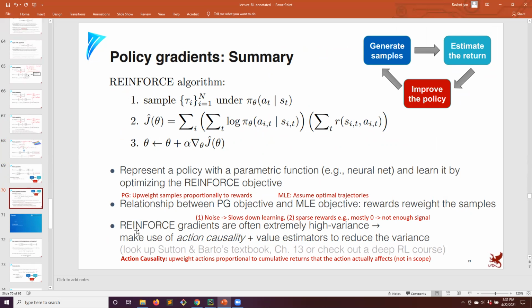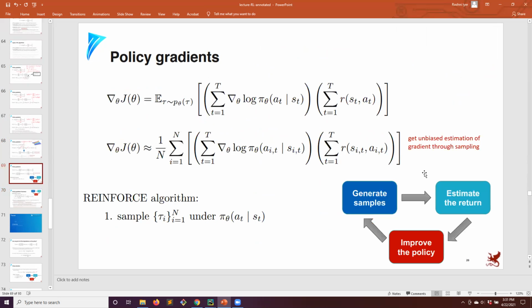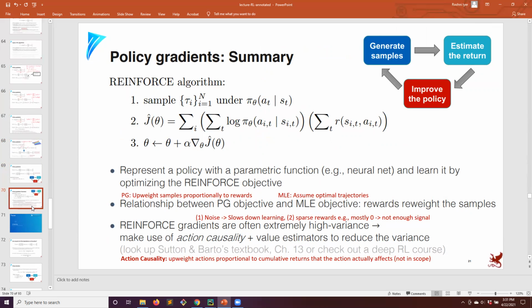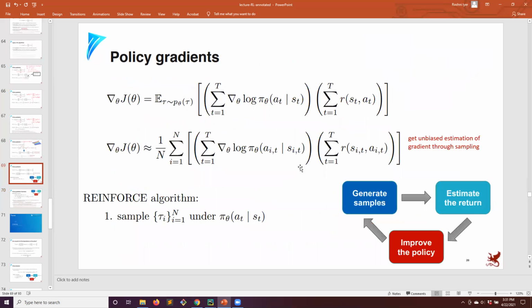One thing we observe is that the gradients with this REINFORCE algorithm often have extremely high variance. And that could be bad because that means there's a lot of noise, which can slow down the learning of the algorithm. Another thing that could likely be the case is that these rewards could be very sparse.